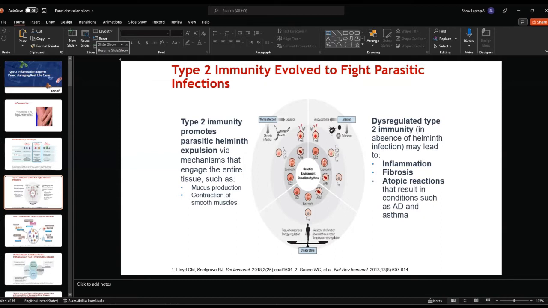However, because helminthic infections are rare at the moment and mostly absent, the immune system becomes dysregulated, and it turns to environmental allergens and can cause inflammation and atopic reactions that result in conditions like atopic dermatitis and asthma.